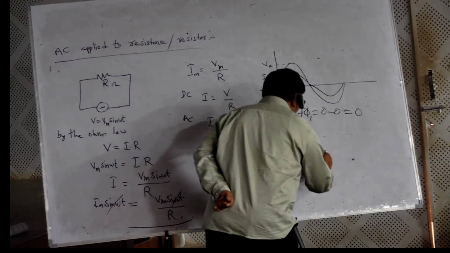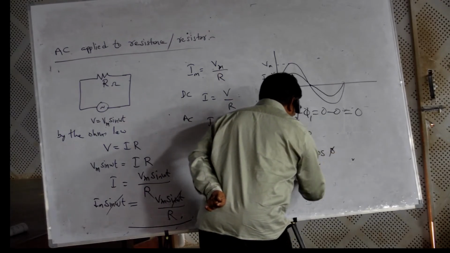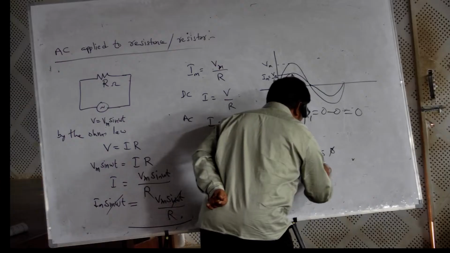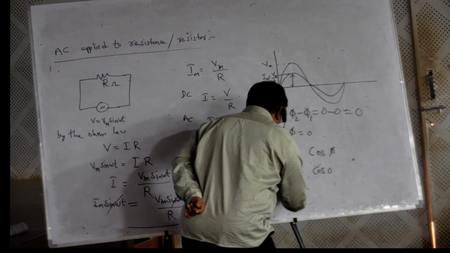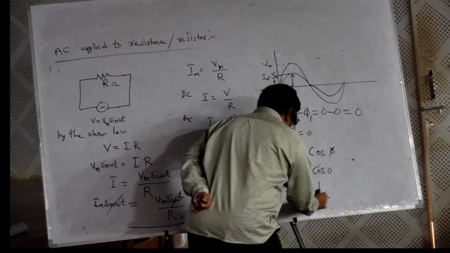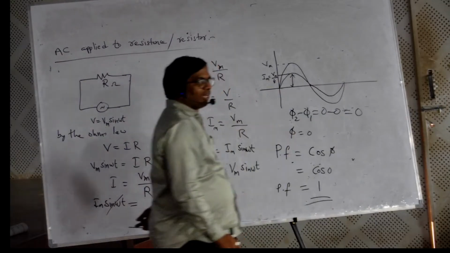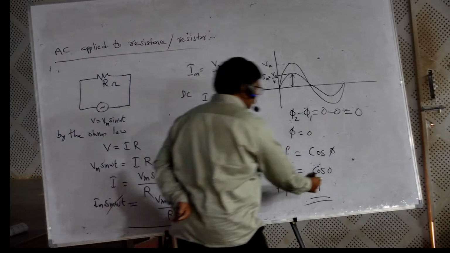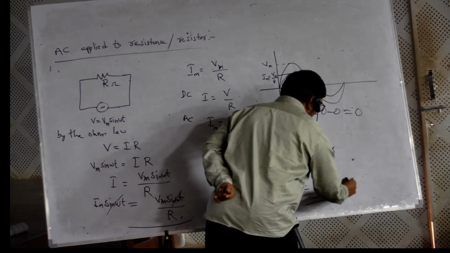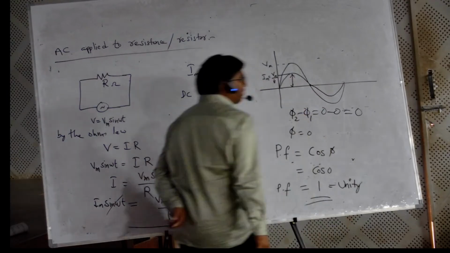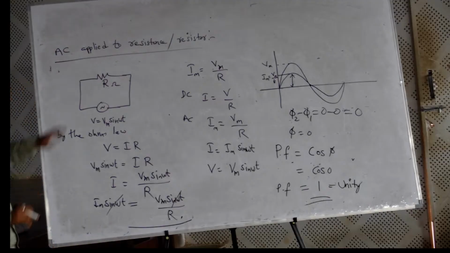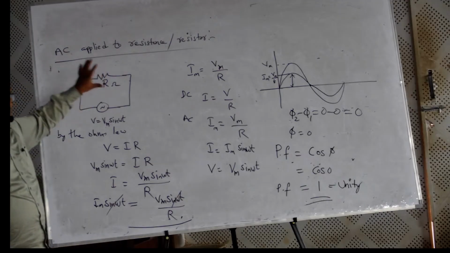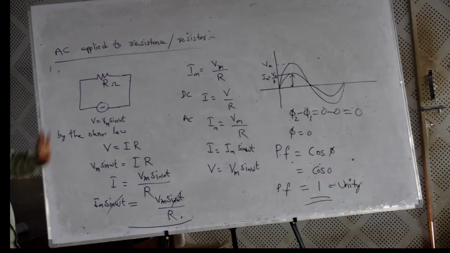Cos phi. What is cos 0? 1. So the power factor of a resistive network is unity, that means 1. For a circuit consisting of only a resistor, the power factor is 1.